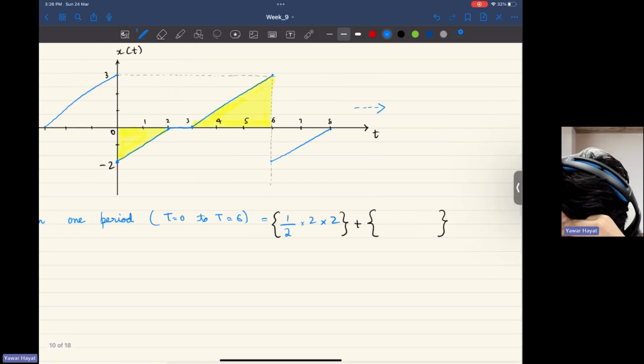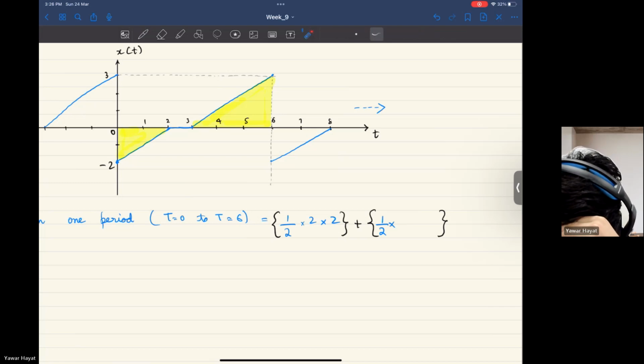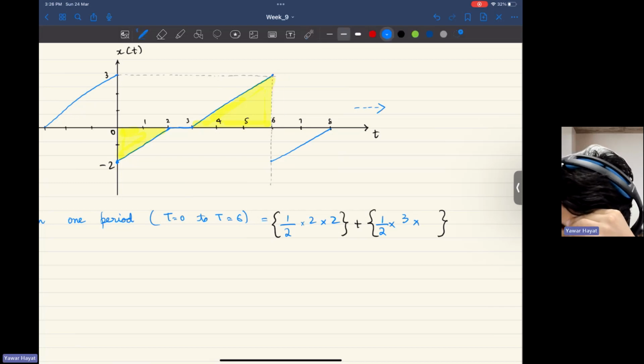What about the second one? This would be half of base, which is 3 units. What about height? Height is 3 units as well. So this would be 2 times 2 is 4, 4 divided by 2 is 2.